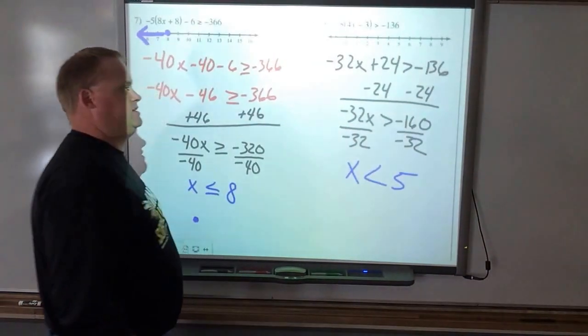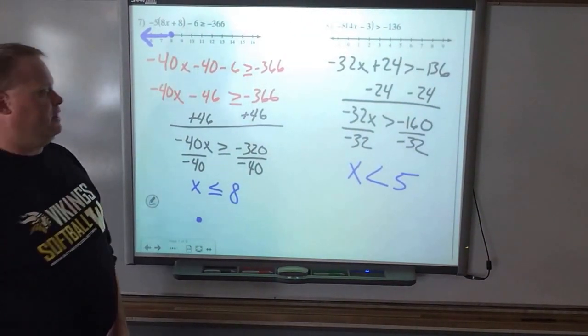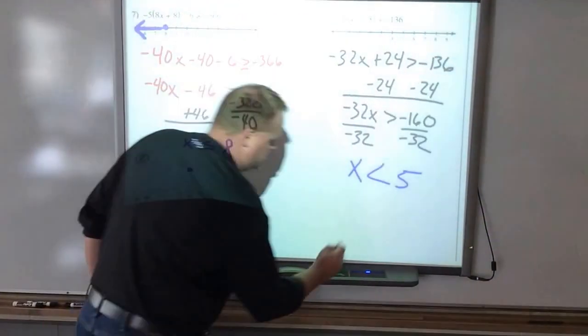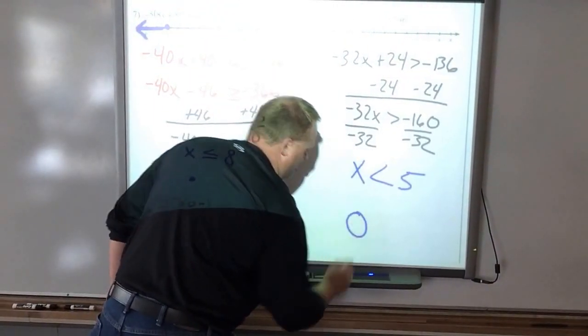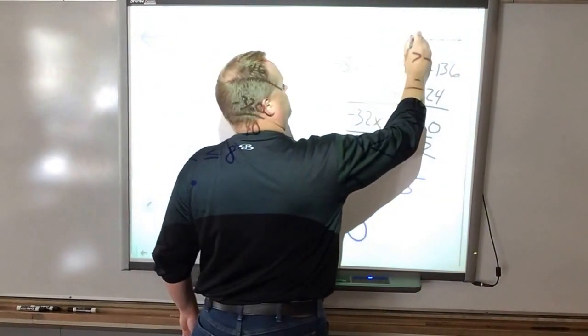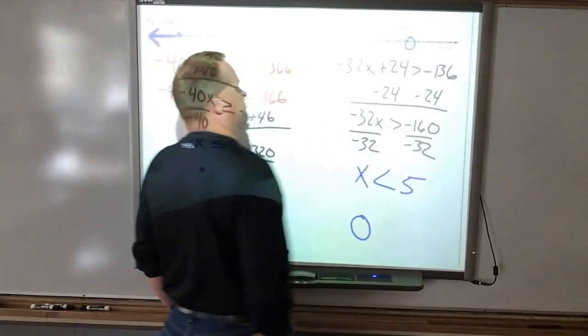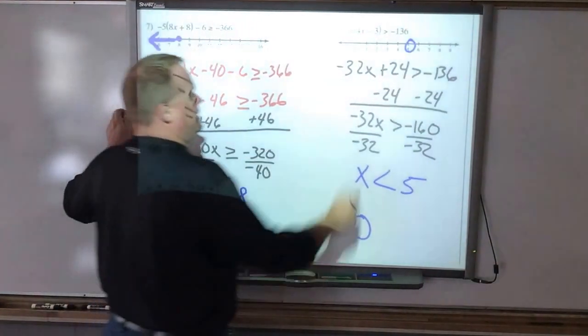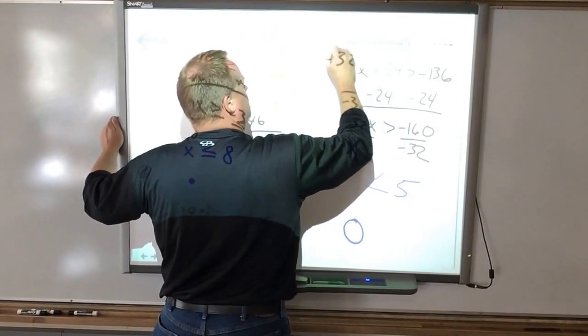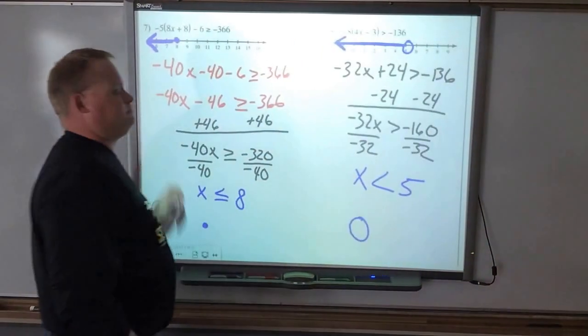So x is less than 5. I look at this, I do not have an equal to bar underneath, so when I go to graph this, I'm going to have an open circle at 5. I want to be less than. Go in this direction. And there we go.